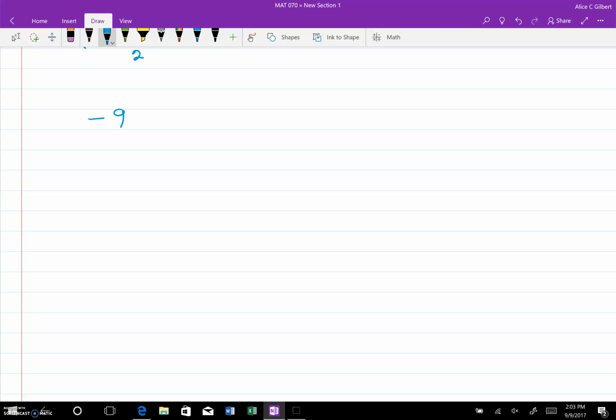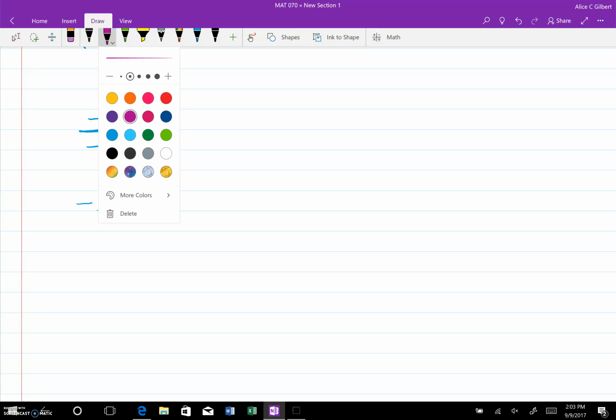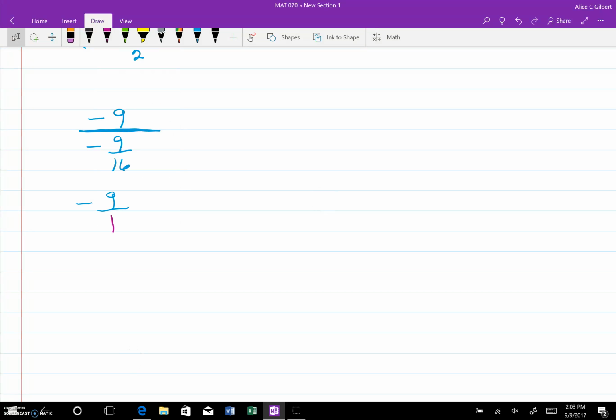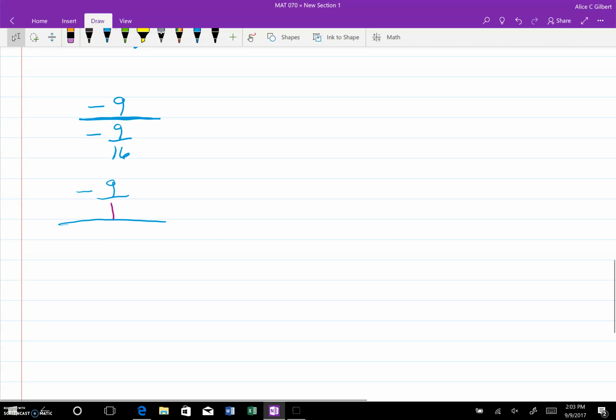I've got negative 9 divided by negative 9/16. Well, again, I want to think of this as negative 9 over 1, because I can put anything over 1 and it's still exactly what it is, remember? It's that thing, and then divided by 9/16.